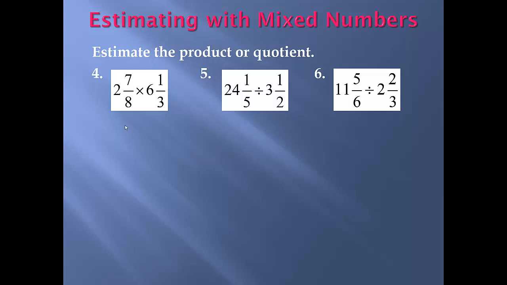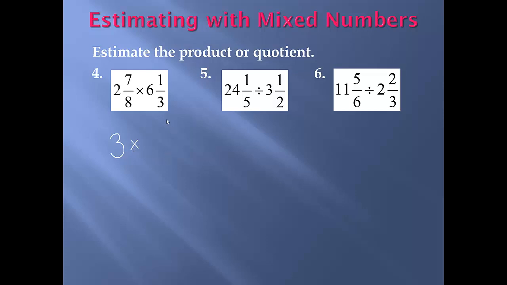If my numerator is less than 4, then I will keep the 2. Since I have a 7 in my numerator, then my fraction 7/8 is larger than 1/2 because 1/2 would be the same thing as 4/8. So my 2 will go up to a 3. So 2 and 7/8 will be closer to 3 than it would be to 2.